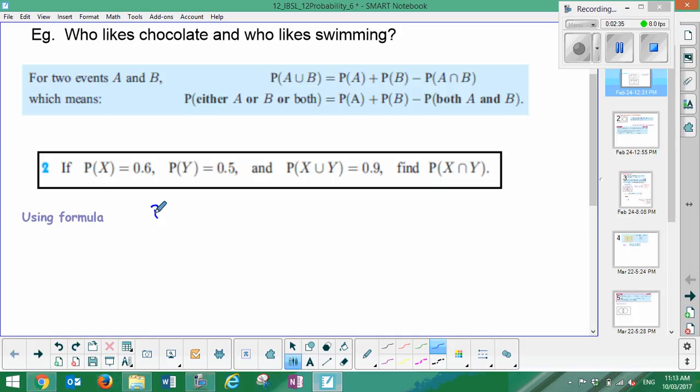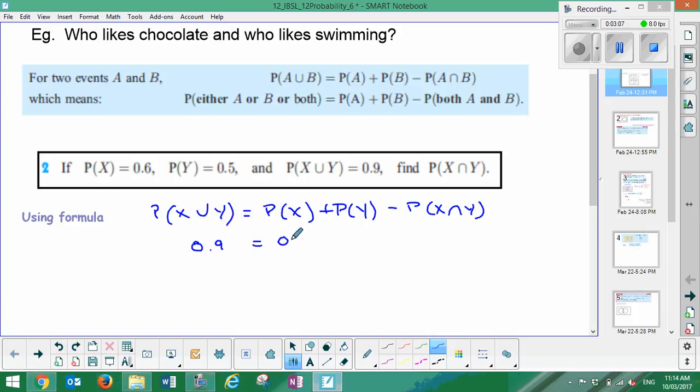So your probability of X or Y, going from this formula up the top here, equals the probability of X plus the probability of Y minus the probability of X and Y. Substituting in the values we know, so we know X or Y is 0.9, probability of X is 0.6, probability of Y is 0.5, minus the probability of X and Y.